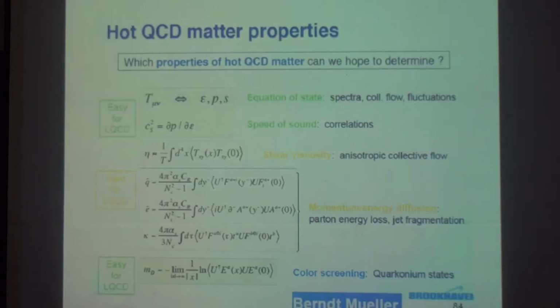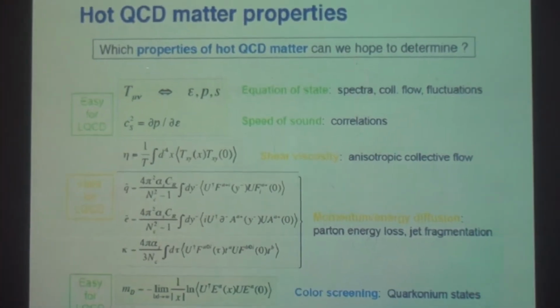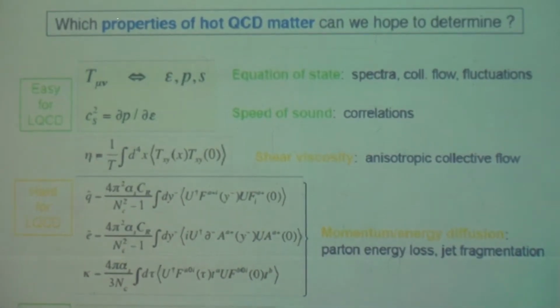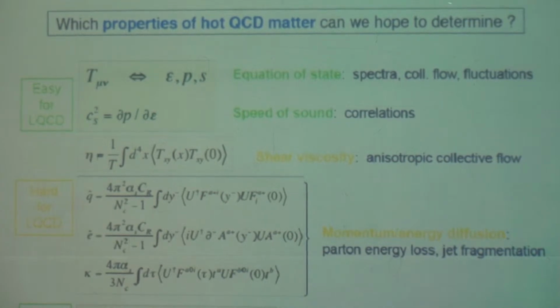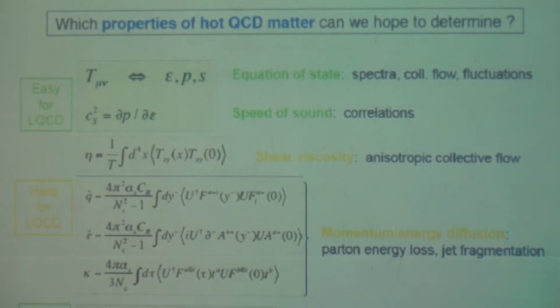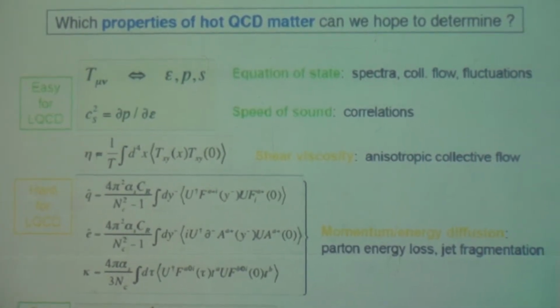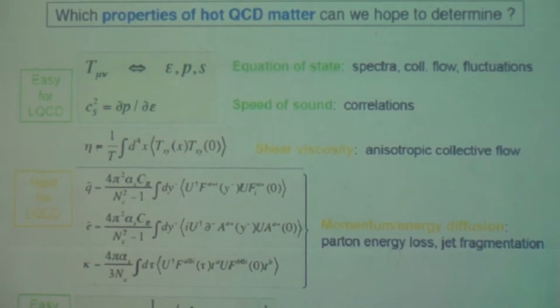Another important part, which I borrowed from Murray's slides, is the hot QCD matter properties. Of course, heavy ion physics people want to determine these.